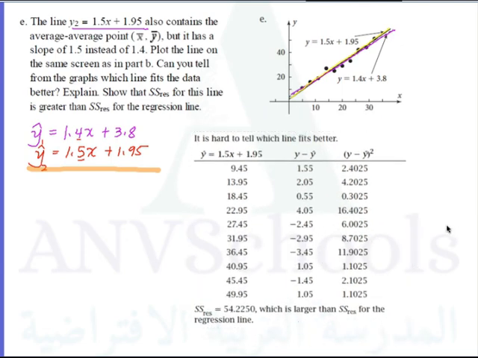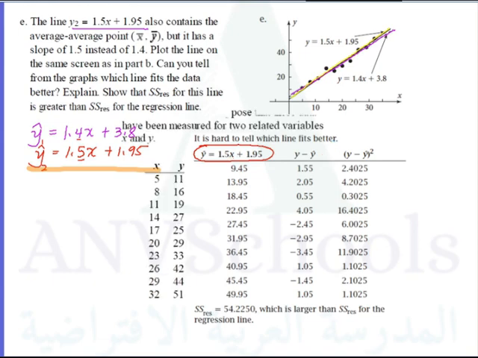So this is our y hat. This is our new y hat when our slope is 1.5x. This is y minus y hat now, okay? Our y is the same as the table, so this is our original data. And our y minus y hat would now be this, and our y minus y hat square is equal to this.